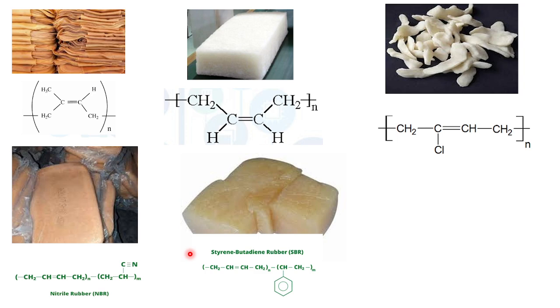Here I have given some examples of base polymers, basically elastomers. The first one is natural rubber, and from the structure you can say there are mainly two elements, carbon and hydrogen. In the case of butadiene, there is also only carbon and hydrogen. But in the case of chloroprene rubber, there is also the presence of a halogen group, here chlorine.